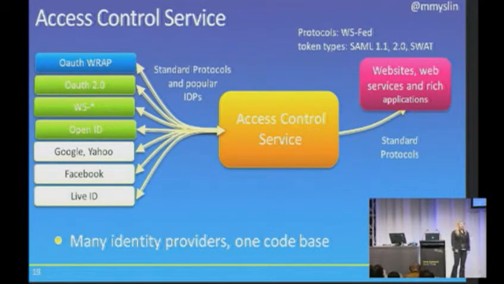Okay? So that as a developer of an application, let's say you only understand WS-Federation and you understand the same old token format. But you want to allow your customers to come in with OpenID.